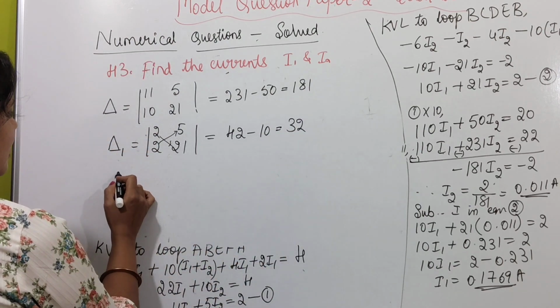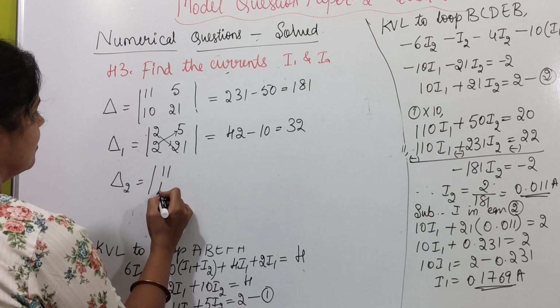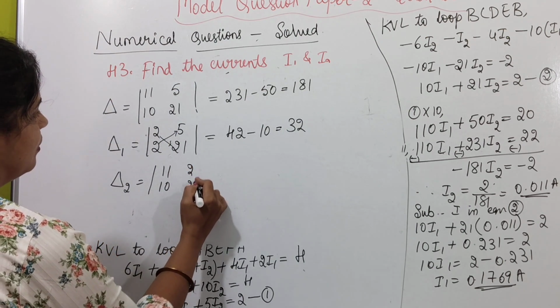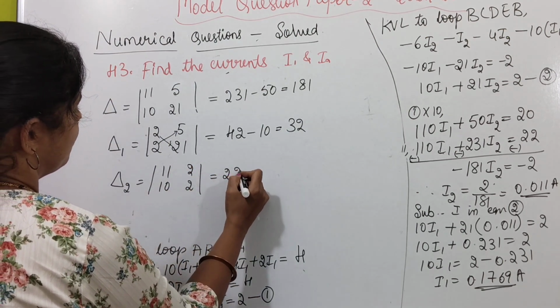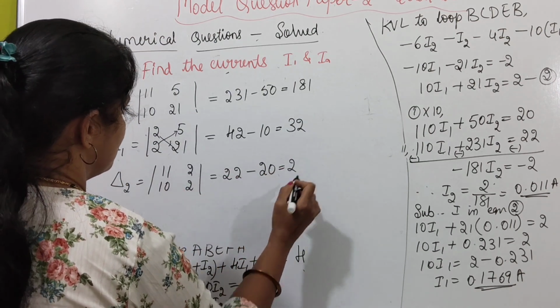Similarly, calculate delta 2, that is, replace the second column by 2 and 2. So cross multiply, 11 into 2 is 22 minus 10 into 2 is 20, that is 2.